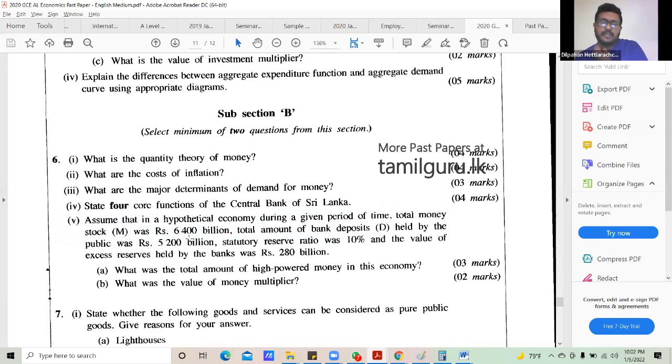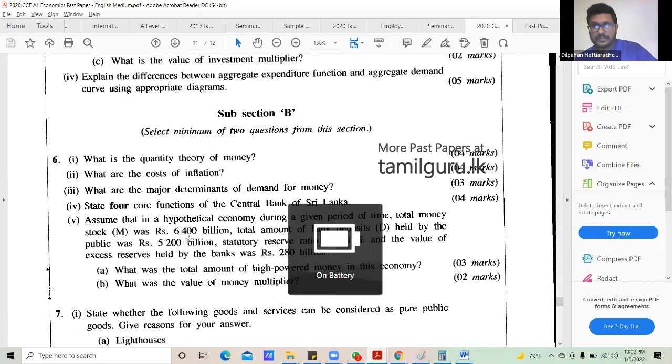Then you might have a problem. What is this? Is it M1, M2, M2B? No idea. Remember, if they don't mention what money supply they are talking about, then you have to assume it is M1 money supply.